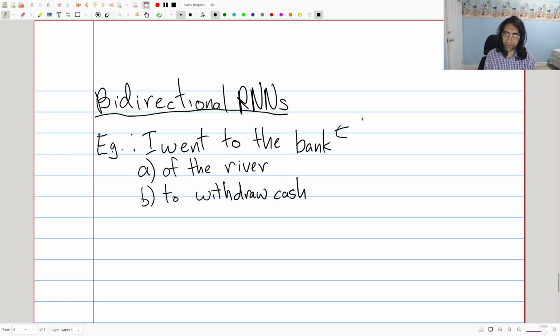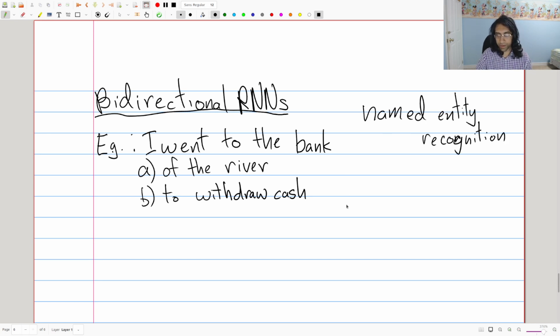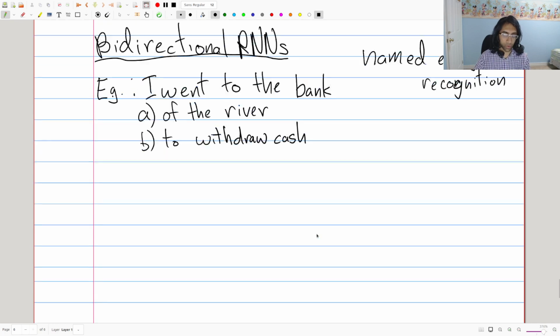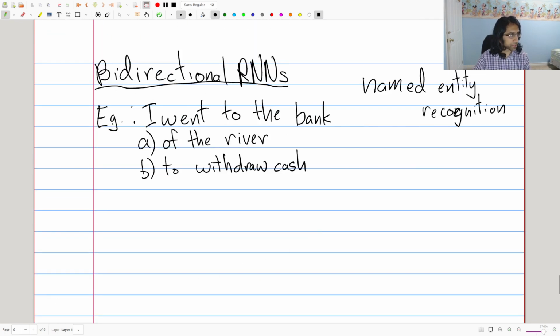This is a kind of problem known as named entity recognition sometimes. There's some ambiguity here, and you really need to see both the forward and backward parts of the sentence in order to understand what it's referring to.